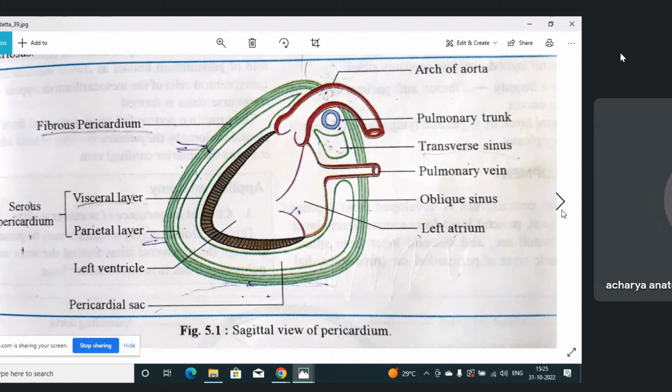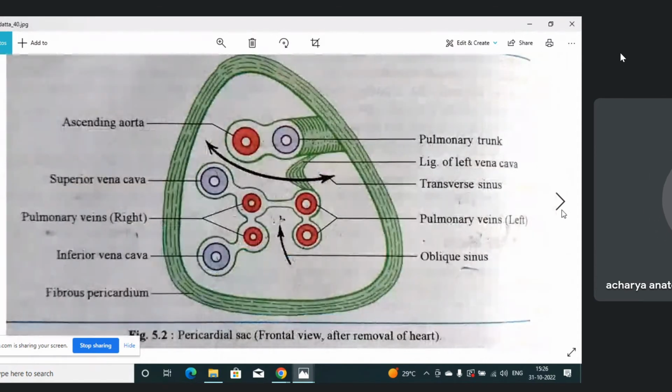Okay, next. Onto the sinuses of the pericardium. Sinus means space. There is the presence of two pericardial sinuses.